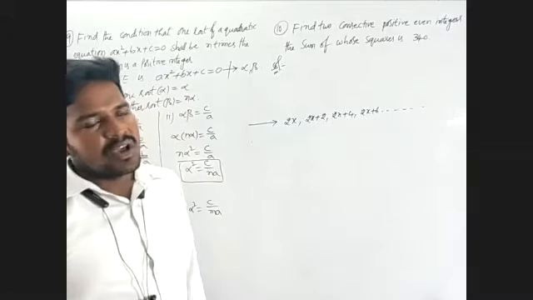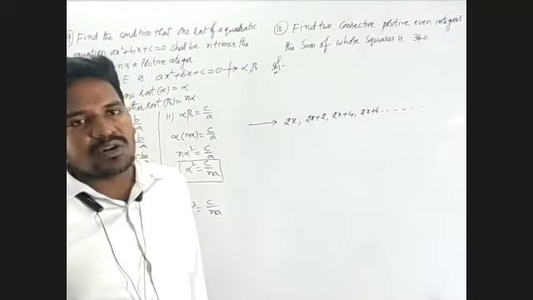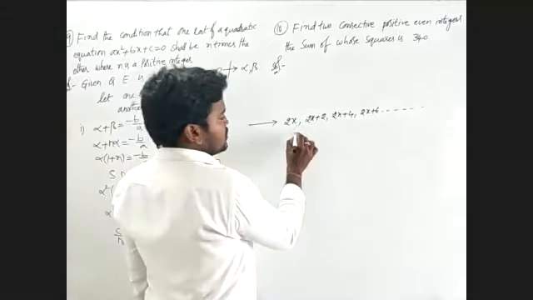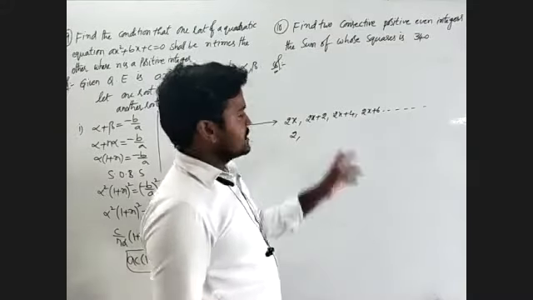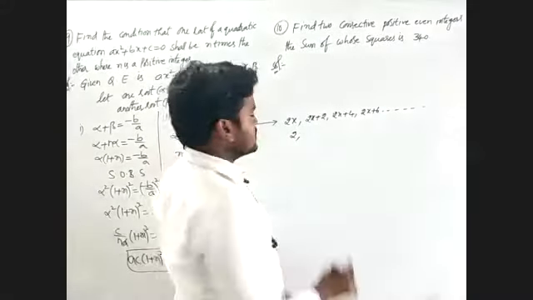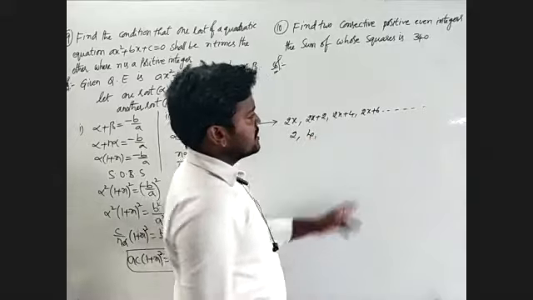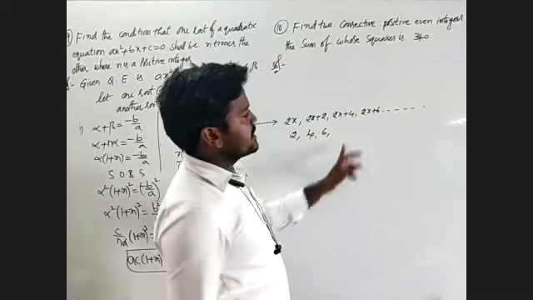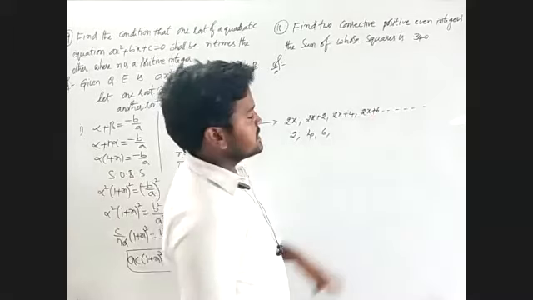Why? Because if we take x is equal to 1 and substitute in this given one, 2 into 1 is 2. After that, 2 plus 2 will become 4. After that, 2 plus 4 is 6. After that, 2 plus 6 is 8.